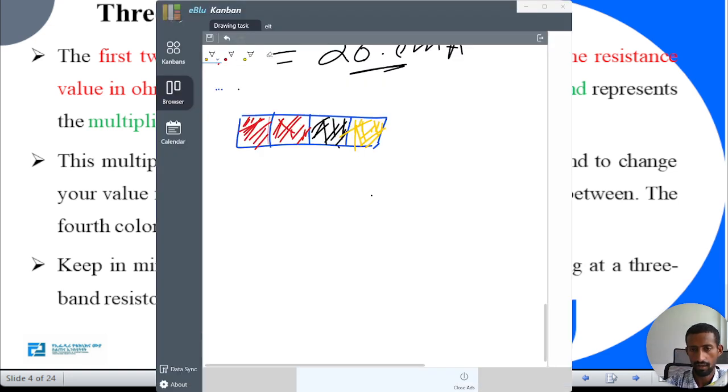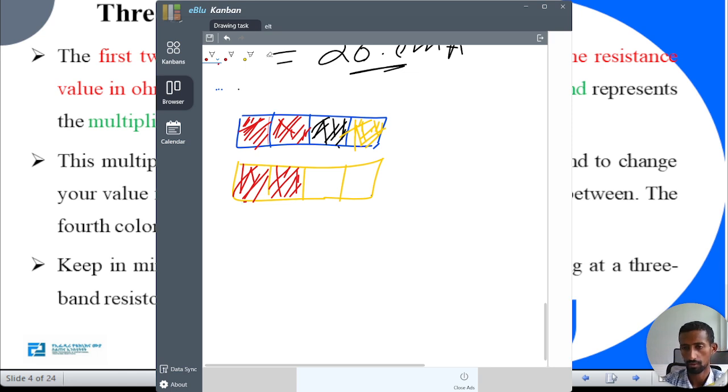For the time being, if you have such a printed resistor which has four bands, and the first one is red, this indicates the first digit, and the second one is also red, this indicates the second digit.